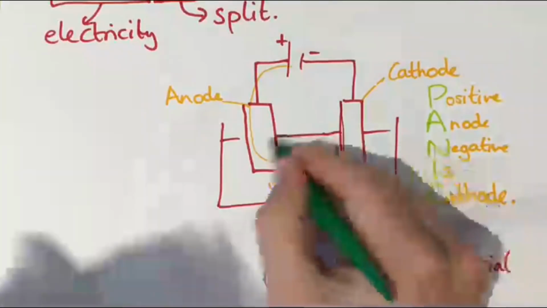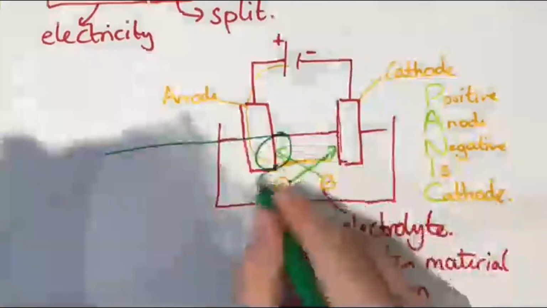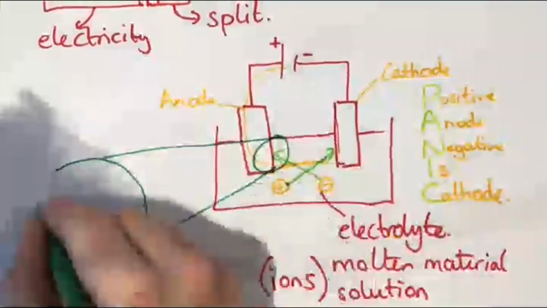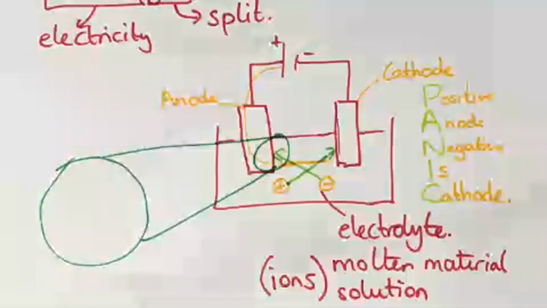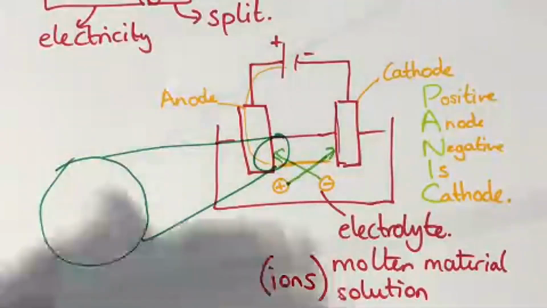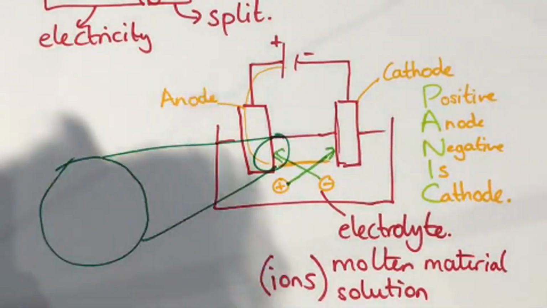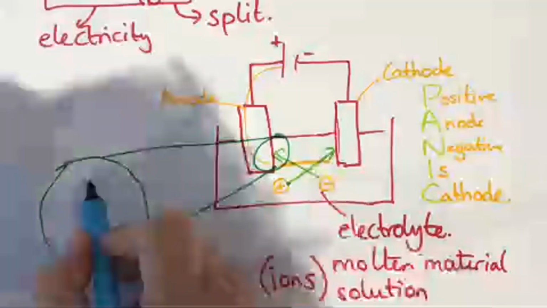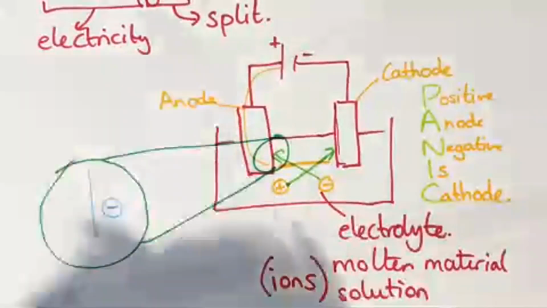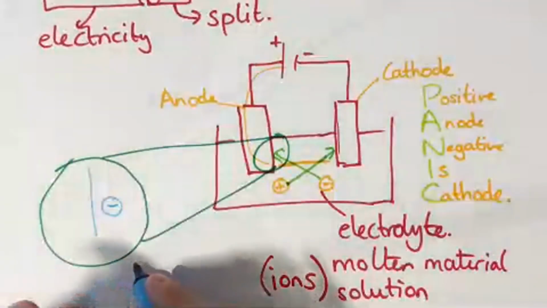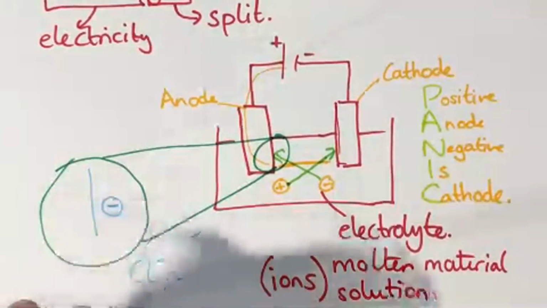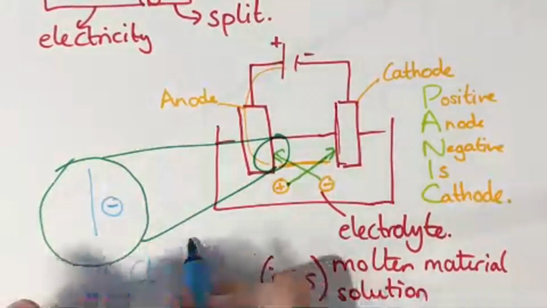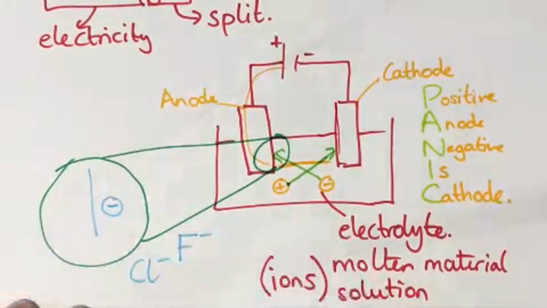Right, so if we zoom in. At this point, the negative ions could be something like chlorine, which is now chloride ion. It could be something like fluoride.